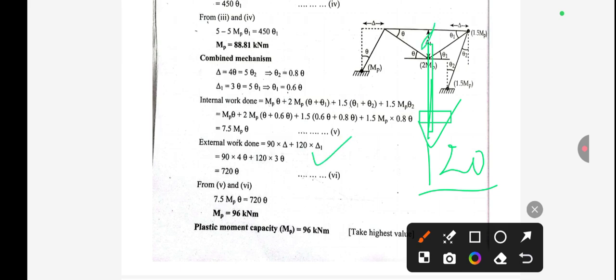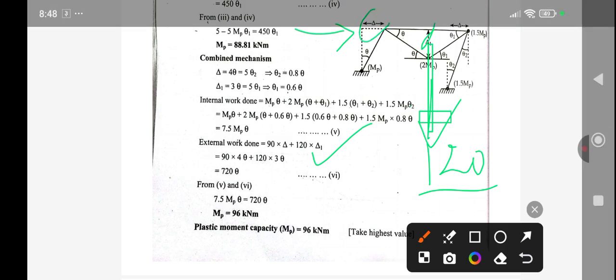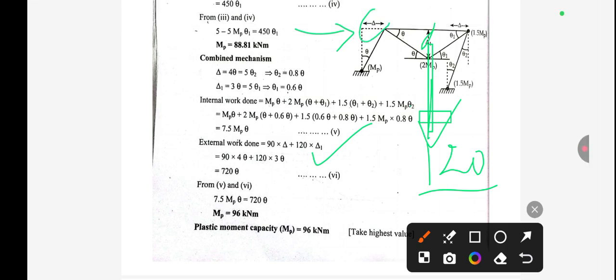And another one is acting 90 kN horizontally, so due to this deflection delta, delta into 90, because we have to multiply the load by the deflection. So 90 into delta. So in overall our external work will be this much.